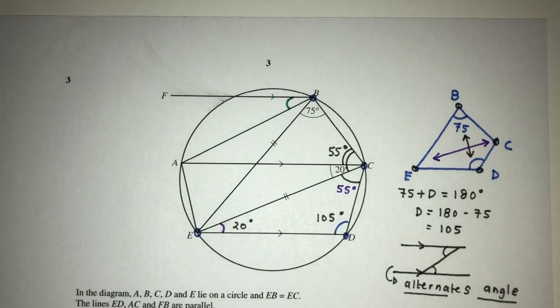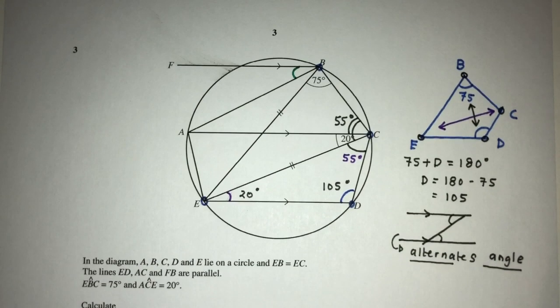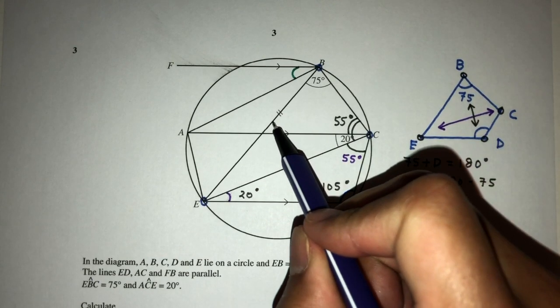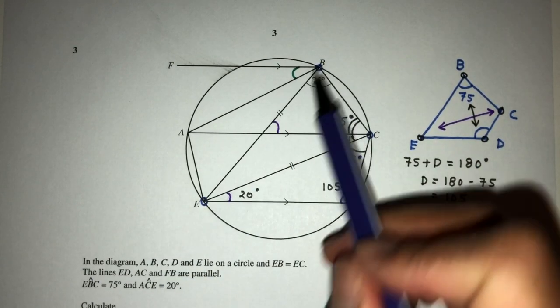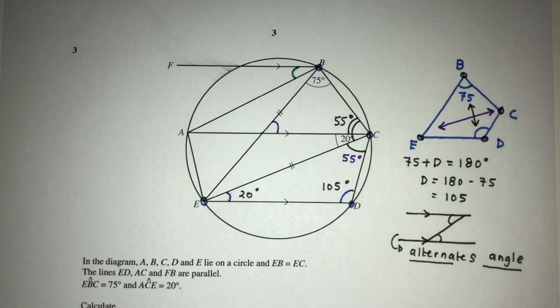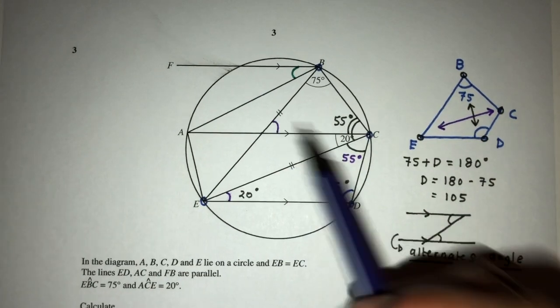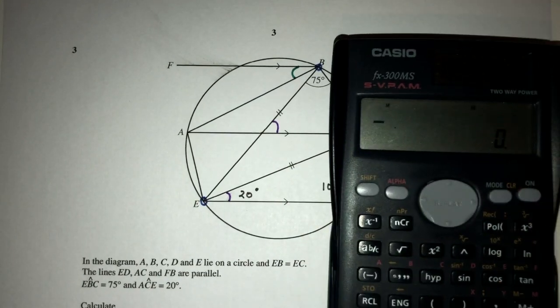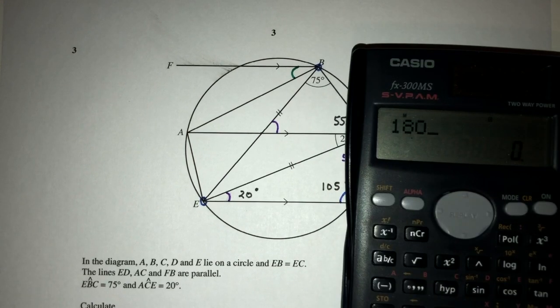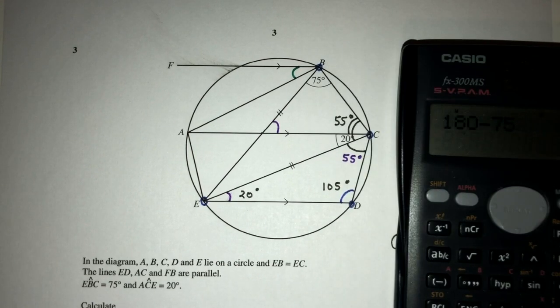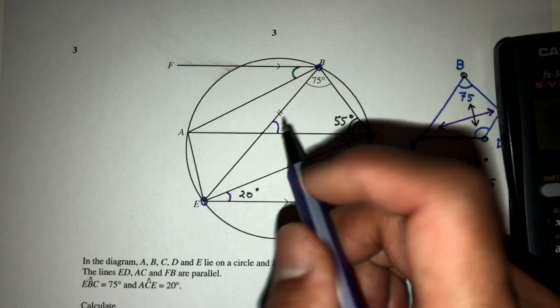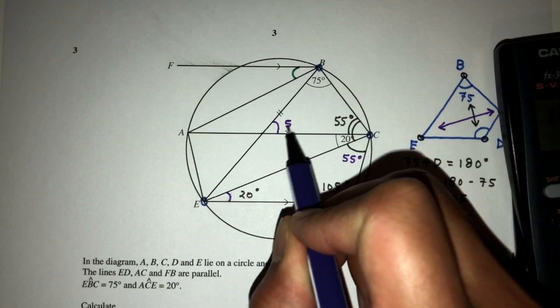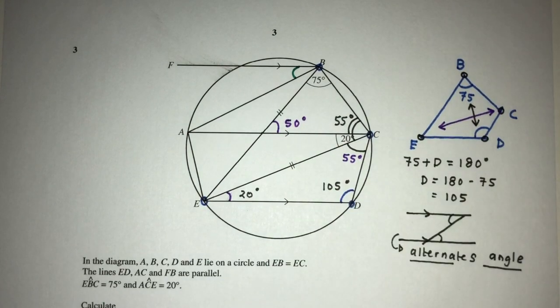The first thing we can understand is that the angle here will be what? If you observe, this point B and this will be a triangle, which means this has to be 180 minus 75 minus 55. That will be 50. So we understand that this is 50 degrees. Right, that's the first thing we can find.